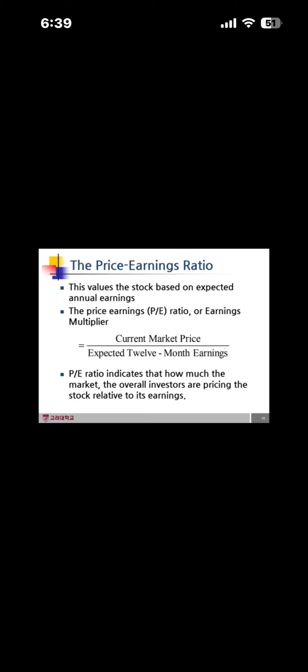Okay, the price to earnings ratio, we call it a PER. This values the stock based on expected annual earnings. So the price to earnings ratio or earnings multiplier is the current market price divided by annual earnings, which is the annual net income.